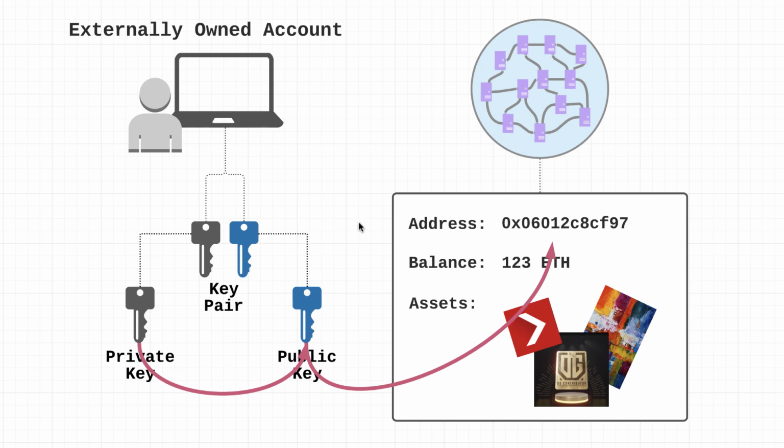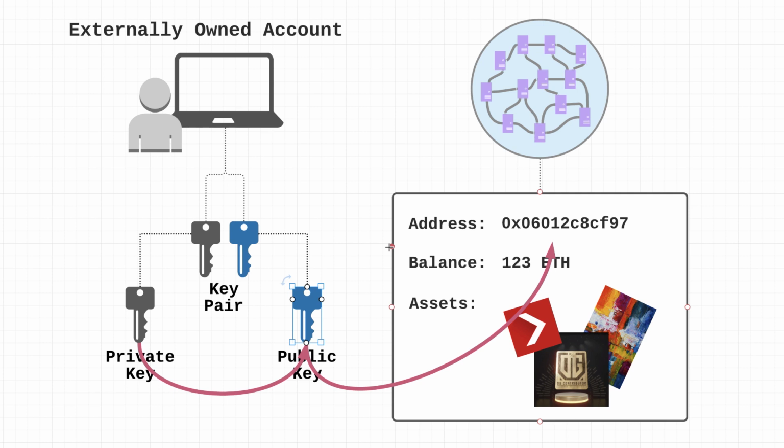To sum it up, your wallet is going to generate a random private key, basically like a random password. As long as you have this private key, you can always calculate the public key from it, and with the public key, you can calculate the address. This is the relationship. Again, the public key is derived through elliptic curve cryptography, and the address by taking a hash of the public key, taking the last 20 bytes, and adding 0x to the beginning.